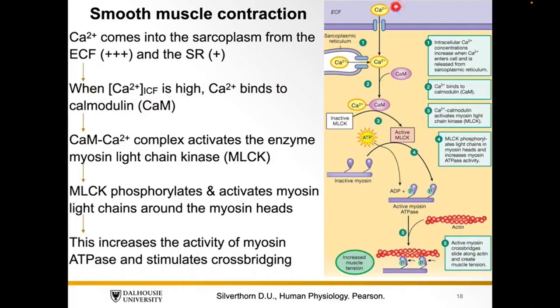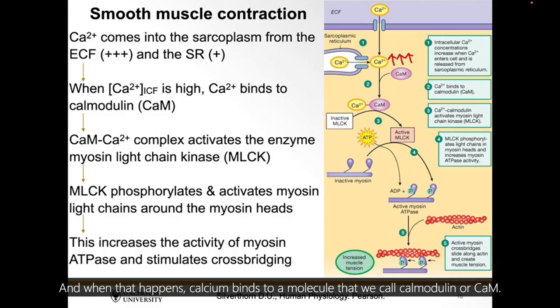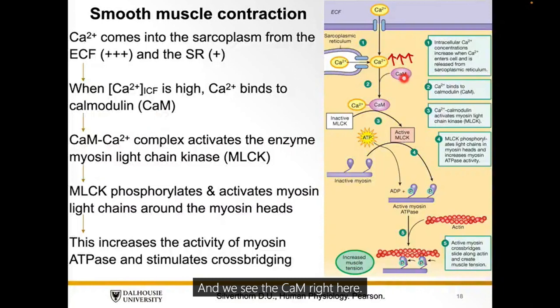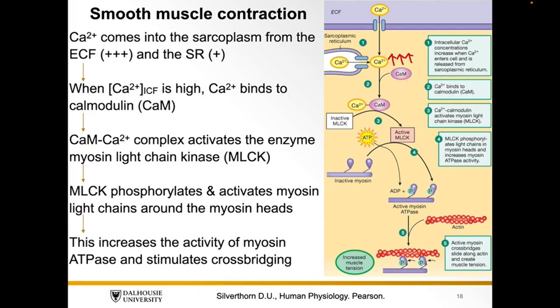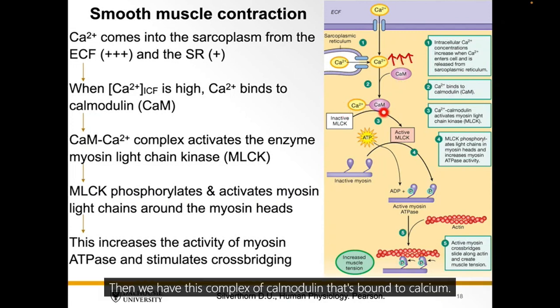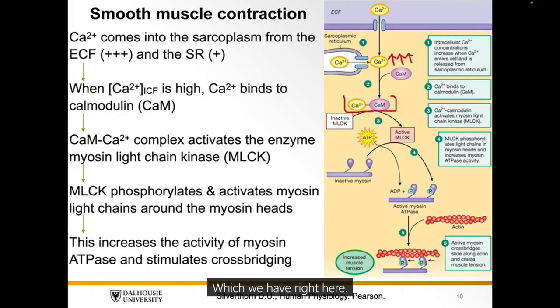So when calcium moves, both from the extracellular fluid and the sarcoplasmic reticulum, into the sarcoplasm, the concentration of calcium inside the sarcoplasm increases. And when that happens, calcium binds to a molecule that we call calmodulin, or CAM. And we see the CAM right here. When calcium is low in the cell, calmodulin is by itself. When calcium concentration increases, then we have this complex of calmodulin bound to calcium, which we have right here.